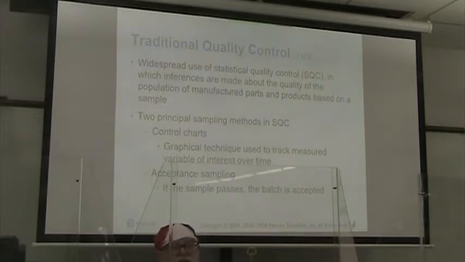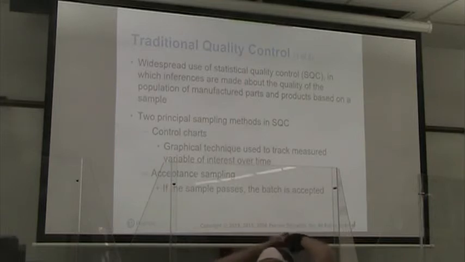So, in traditional quality control, we have a widespread use of statistical quality control. By using that, we infer the quality of the population of manufactured parts and products based on samples.